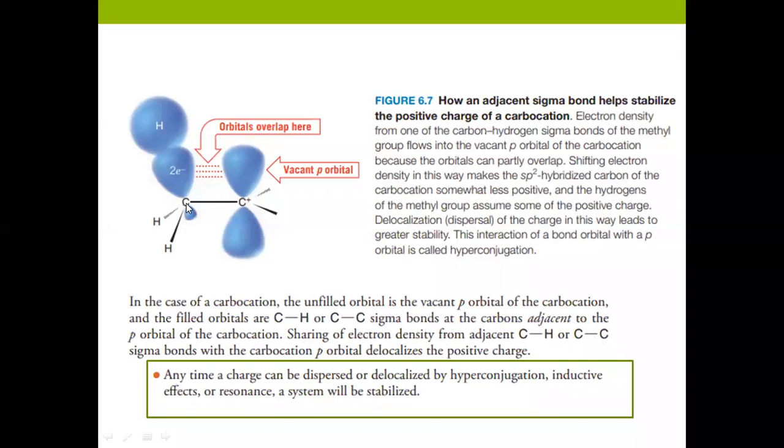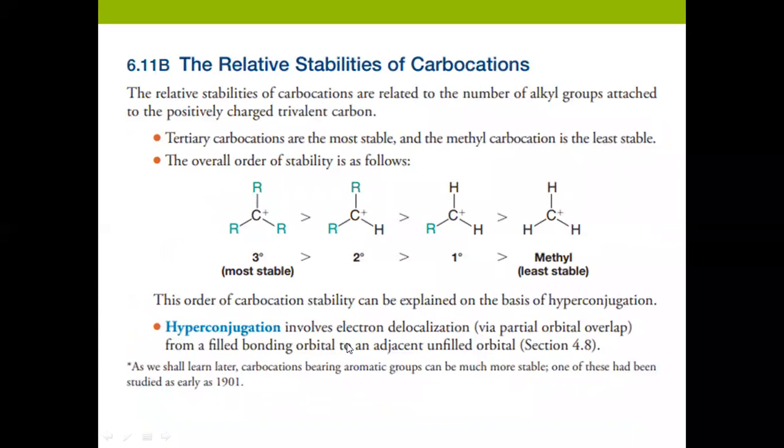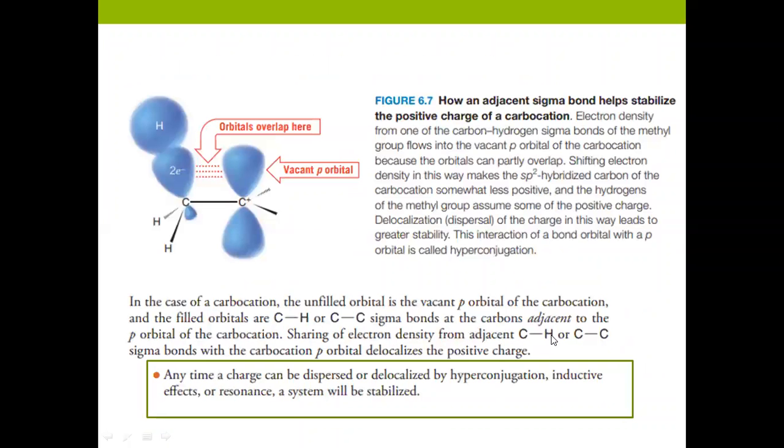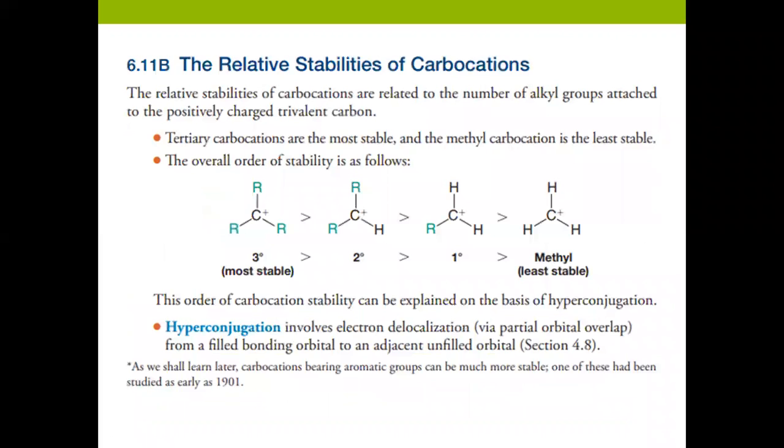But in this case, there is a sideways overlap between the sp3 hybrid orbitals and the vacant p orbital. What is the term we use? The term is partial orbital overlap, because it's not totally vertical. That is what you call hyperconjugation.